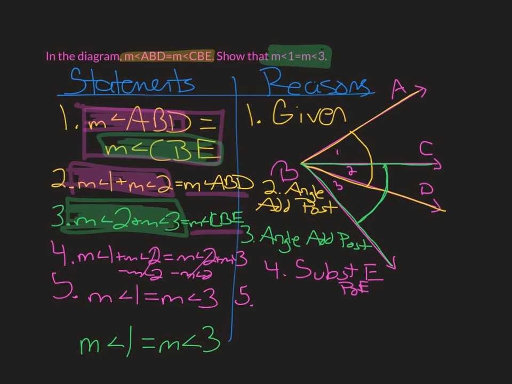That's what they wanted us to prove. That's our end game. To get there, we subtracted, so reason 5 would be the subtraction property of equality. Then your proof is done because this was our end game, which is what we just got. That's an example of one of the geometric proofs we might be doing in the future.